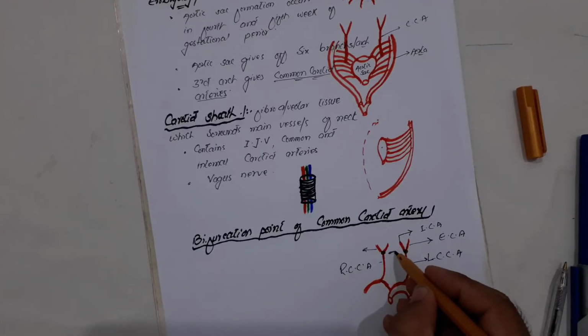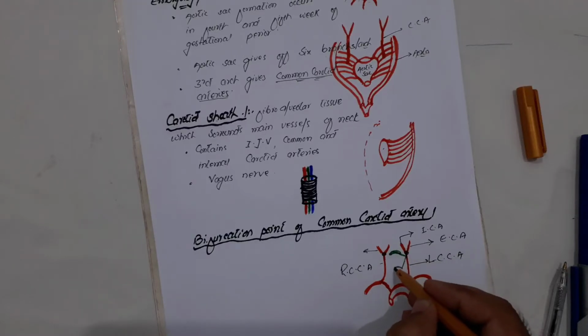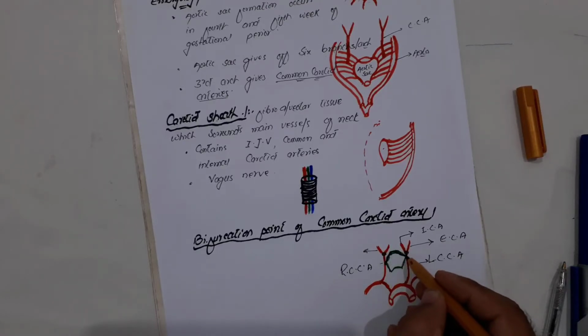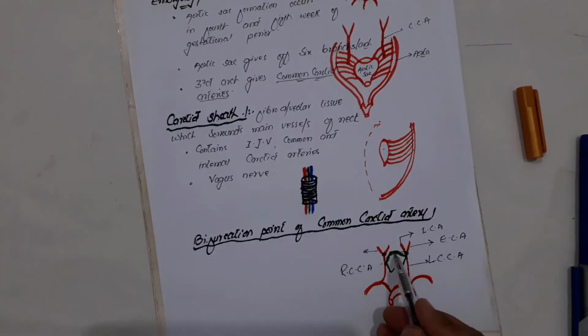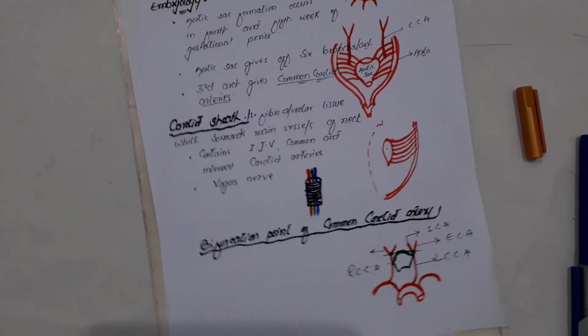So here we have thyroid cartilage, this is our thyroid cartilage, for example. This is not a correct diagram. So the bifurcation occurs right at the level of upper border of the thyroid cartilage.